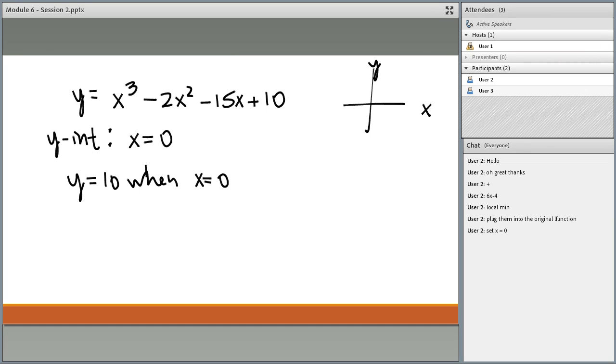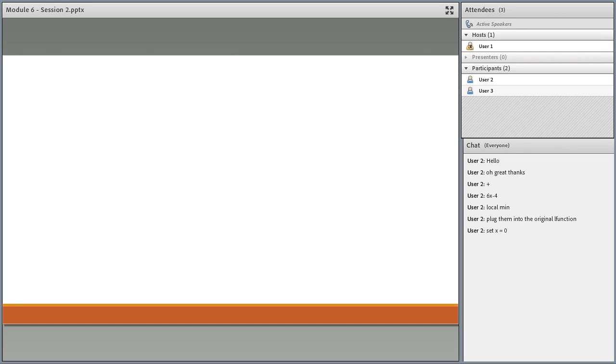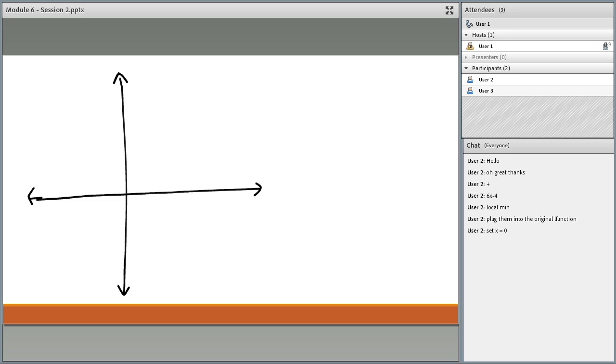Okay, so putting all of this together, and again, I'm just going to get a rough sketch. We know that the y-intercept is 10 when x equals 0. So if I want to go ahead and just say that this is about 10.